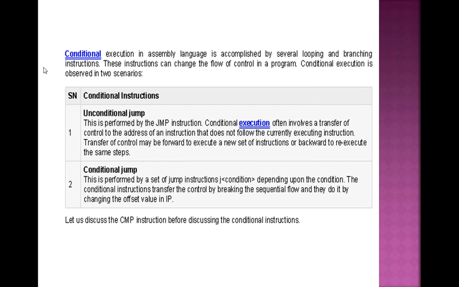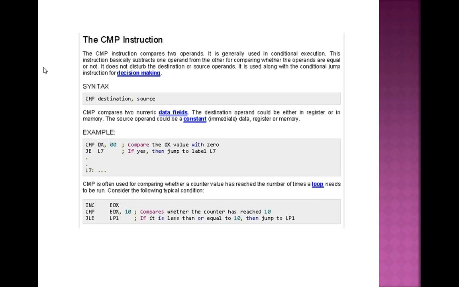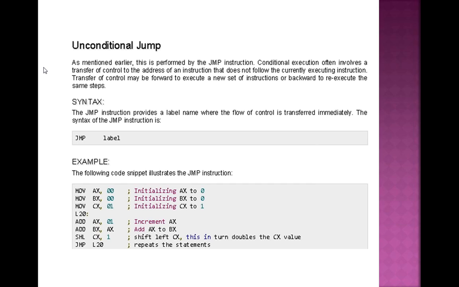Then we also talked about conditional execution, which is divided into 2 parts, conditional instructions as well as unconditional instructions. Conditional instruction contains 2 parts, that is unconditional jumping as well as conditional jumping. This is your CMP instruction that compares the source to the destination.